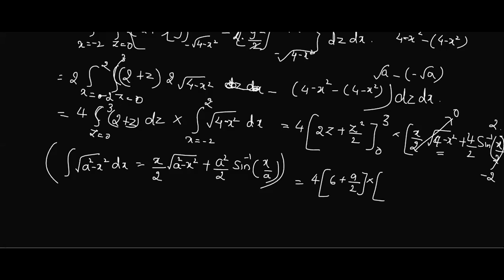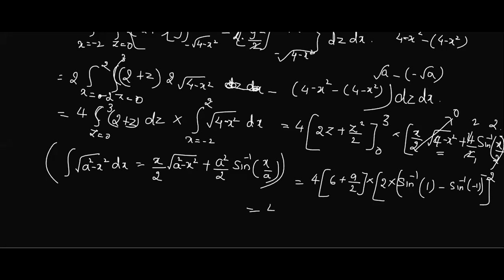It's not cancelled, it goes to 0. So 2 into sin inverse of the upper limit 2. If in place of x I write 2, 2 by 2 is 1. Write it as sin inverse 1 minus the lower limit: if you put x as minus 2, you get sin inverse of minus 1.